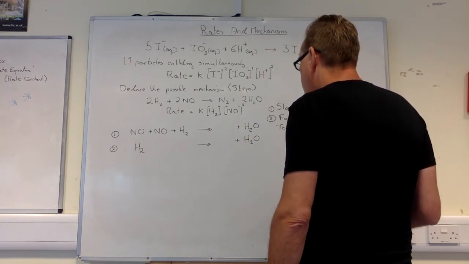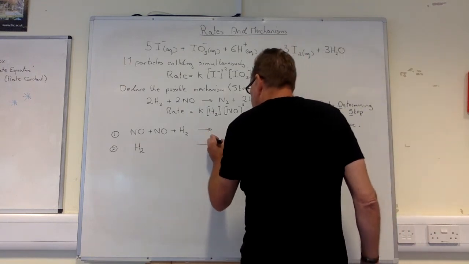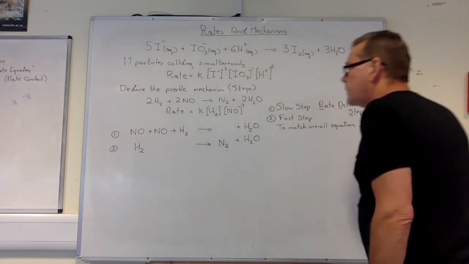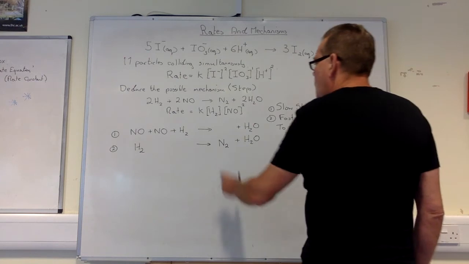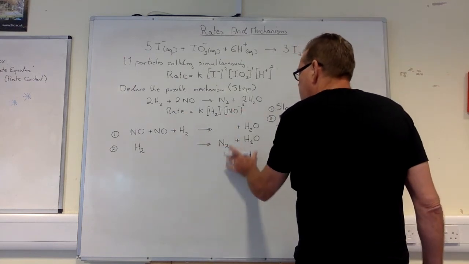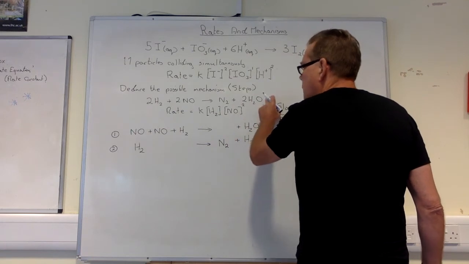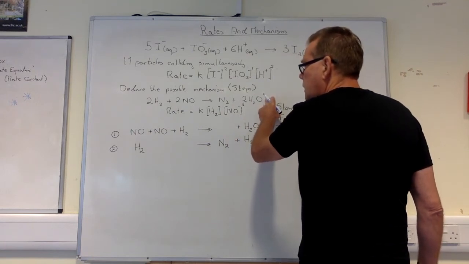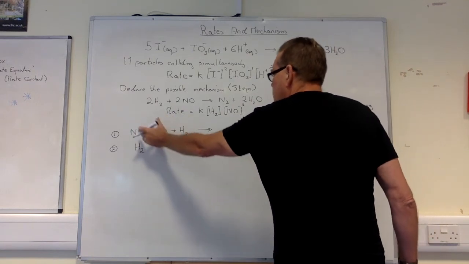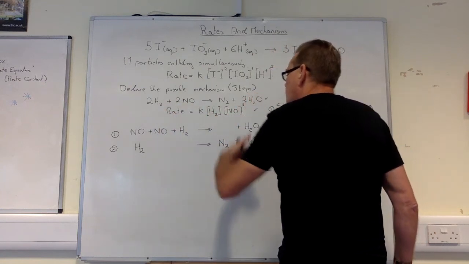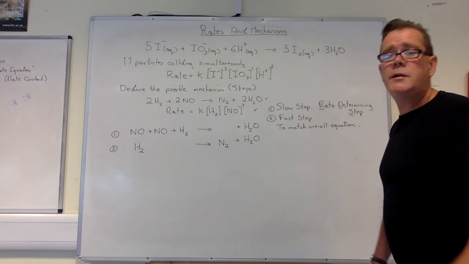So, if I make some nitrogen here, if I add these together, I'm going to be fine to make the overall equation. I'm going to be fine because I've covered the rate equation. So the whole key of this is to find an intermediate.